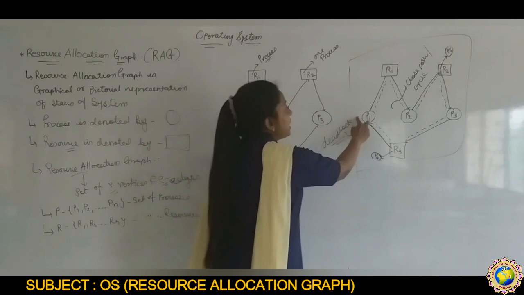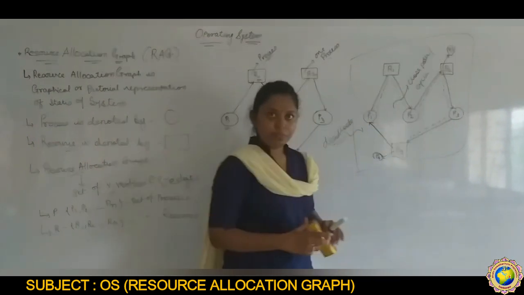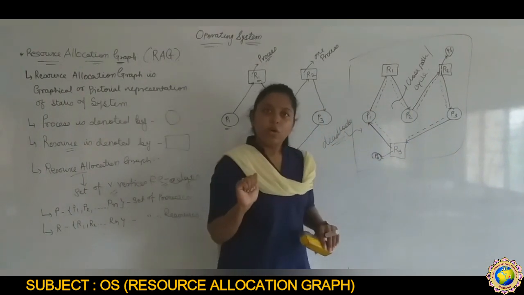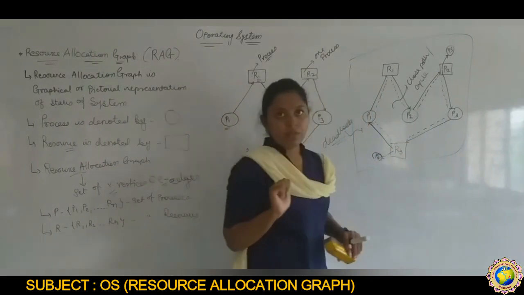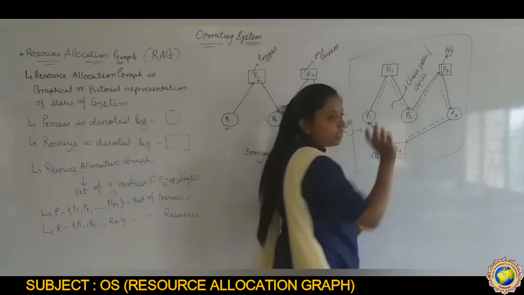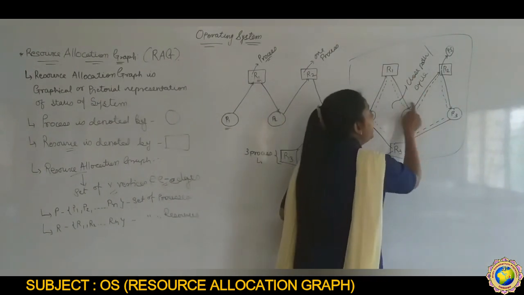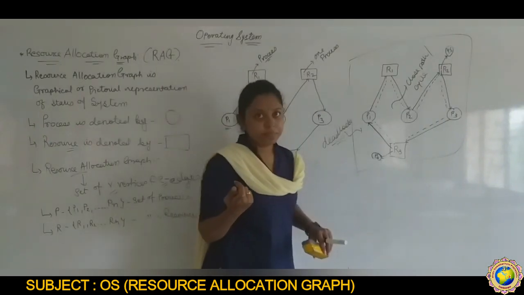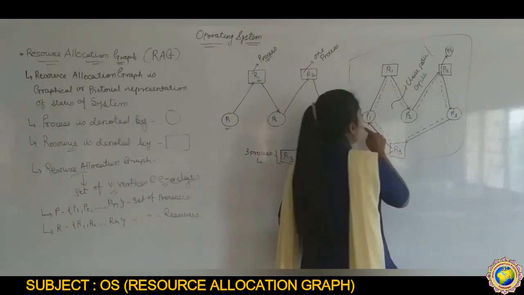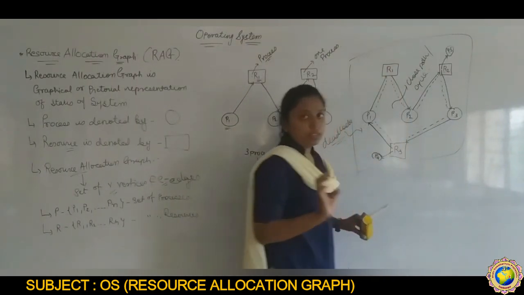Understood? A simple real-time example we can consider like this. See, these are the students P1, P2 and P3, and these are the assignments 1, 2 and 3. So this student is requesting assignment 1, but assignment 1 is already accessed by another student. So this process has to wait until it releases this assignment.